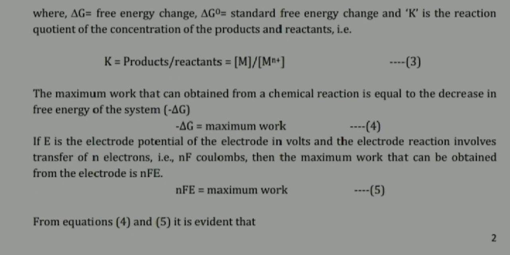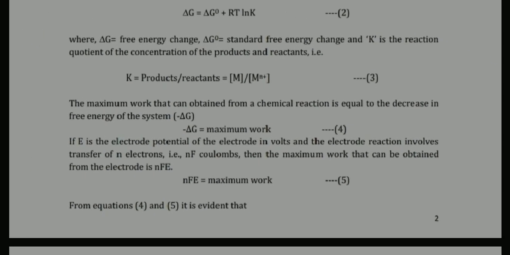Next you have to consider the Gibbs free energy, or free energy change in the system. The maximum work that can be obtained from a chemical reaction is equal to the decrease in free energy of the system.